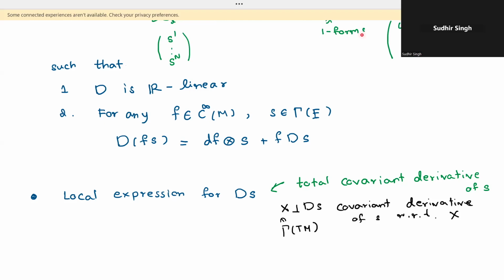For now, I'm not going to look at the covariant derivative in a particular direction, so I will just be talking about the total covariant derivative. Sometimes I will just say covariant derivative briefly, but I mean this one.